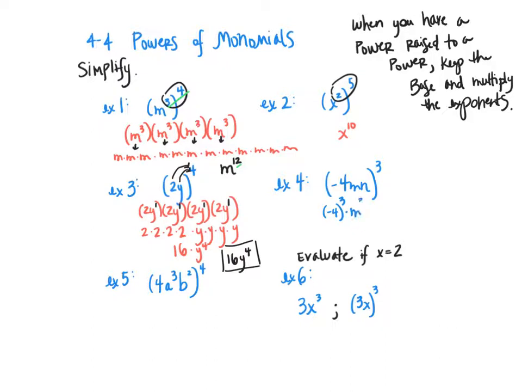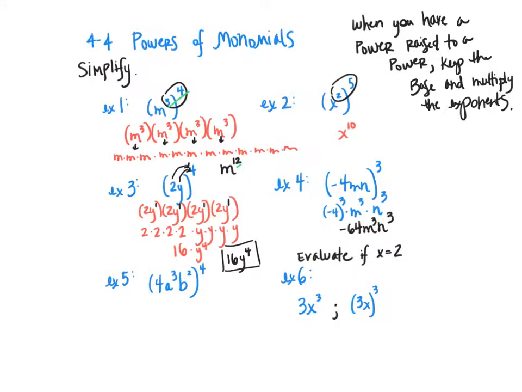The m is going to the 3rd power. And the n is going to the 3rd power. So either write out what it means, or you could do it this approach. So this is going to give you negative 64 m to the third n to the third.